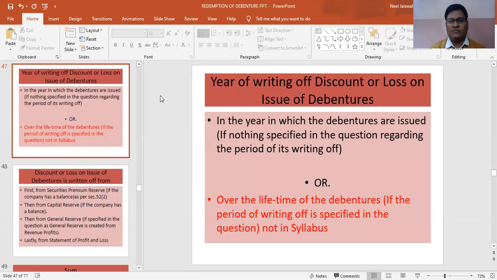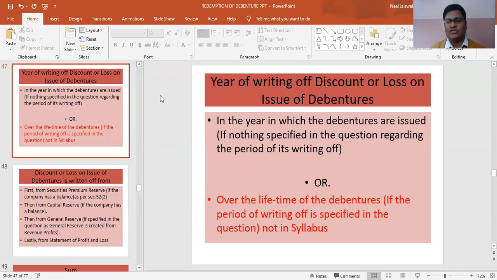First of all, we have to understand how to write off the loss or discount that we have created at the time of issue of debentures. In the year when we have issued the debentures, in that year only, as per the provisions of the law, it should be written off.